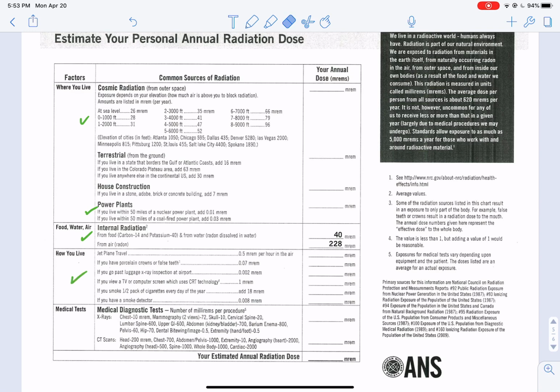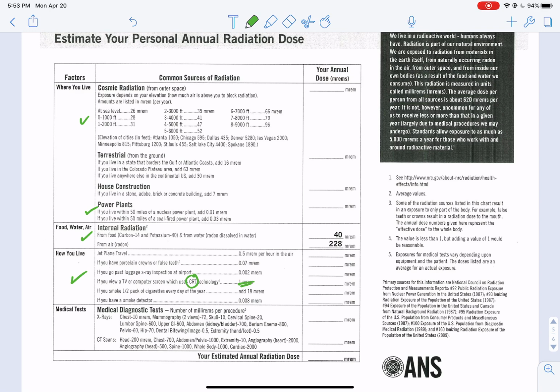Now, TVs today are no longer this technology, cathode ray tubes, so you can just pretty much get rid of that 1 millirem. Smoking is a voluntary way of introducing the radioactive products. There'll be trace amounts of it in the burning of smoke into your lungs, which is one of the worst ways you can introduce it into your body.